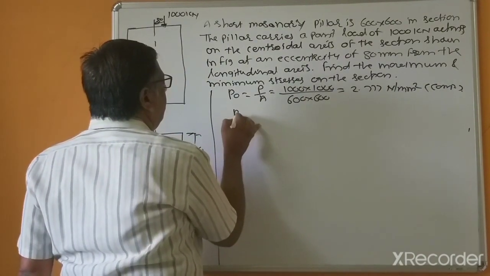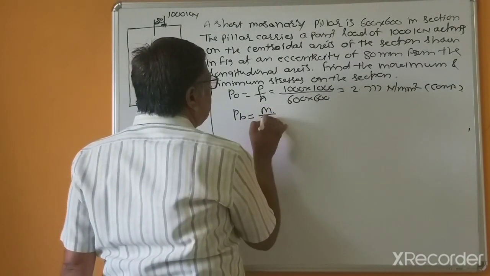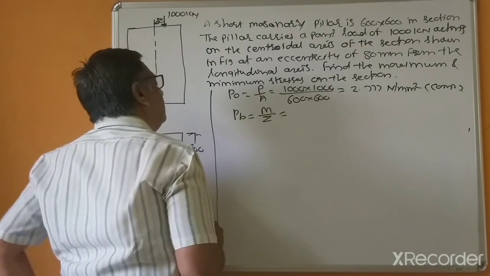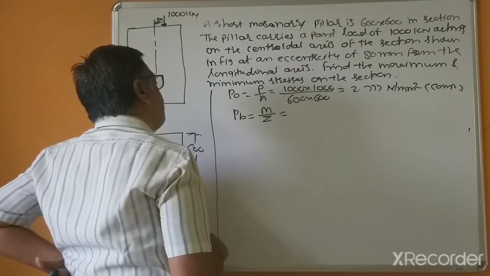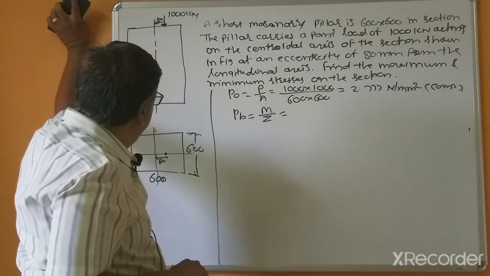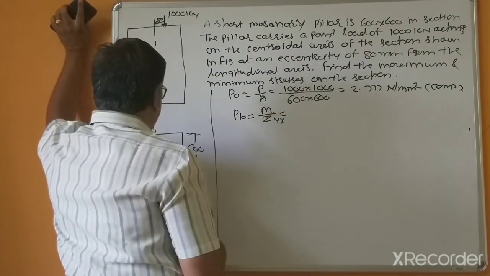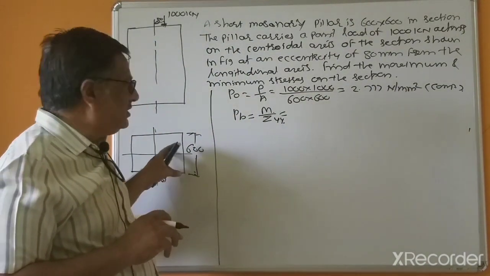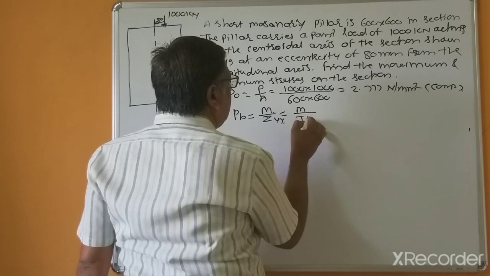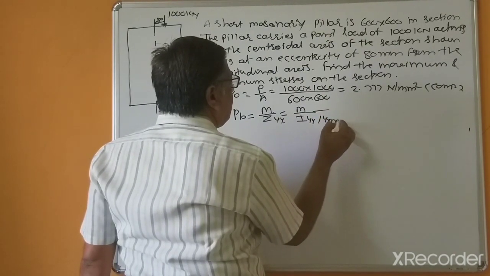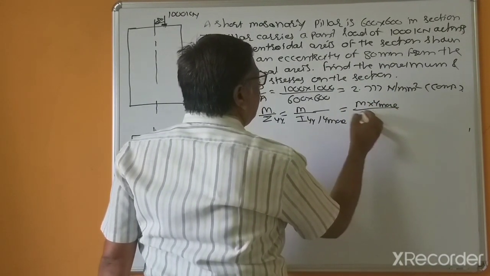Next, Pb equal to M by Z. In this case, this is Z YY, because this load points on the XX axis, so that's why we require M into IYY divided by Y max, or Y max divided by IYY.